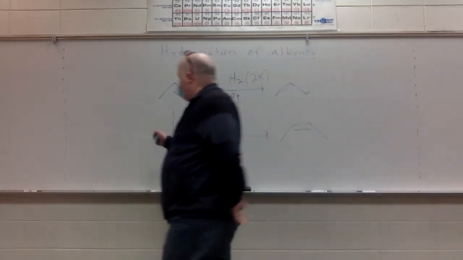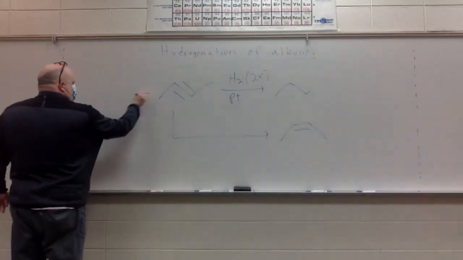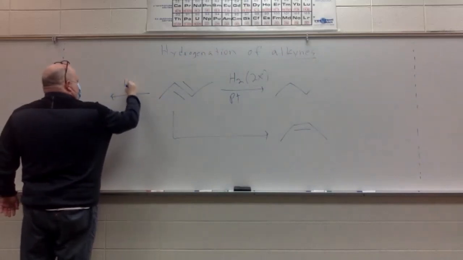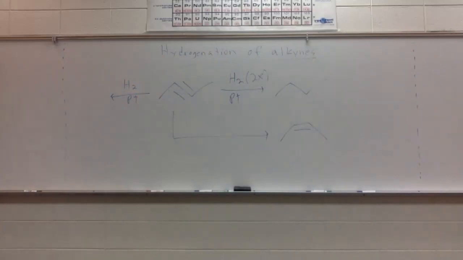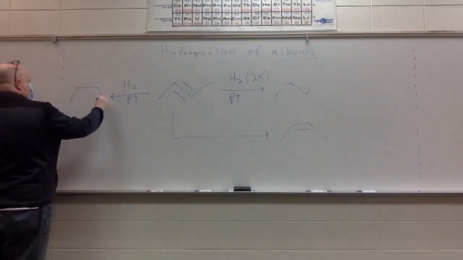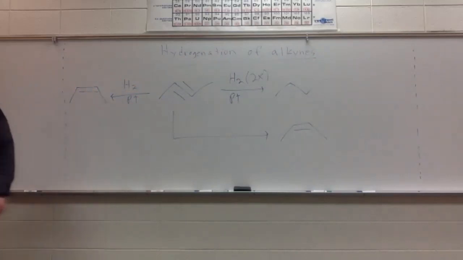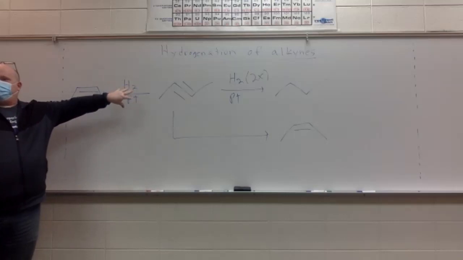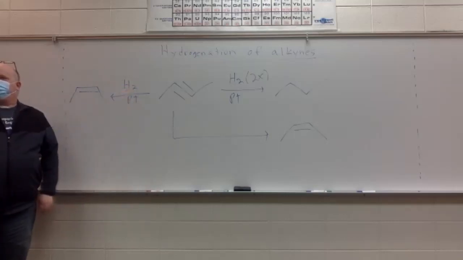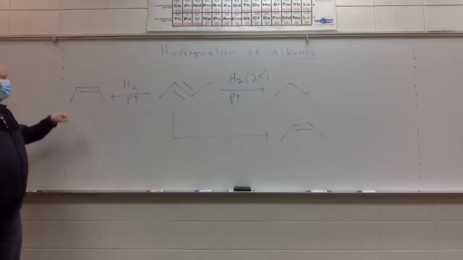Actually, you couldn't do that. I'm going to show you why. Let's just assume that you did this. Let's say you added 1 equivalent of that, right? You do that, and yeah, you are going to make some of this, right? What did we just learn, though, the other day? If you have alkenes in the presence of H2 and platinum, are you necessarily going to stop here?